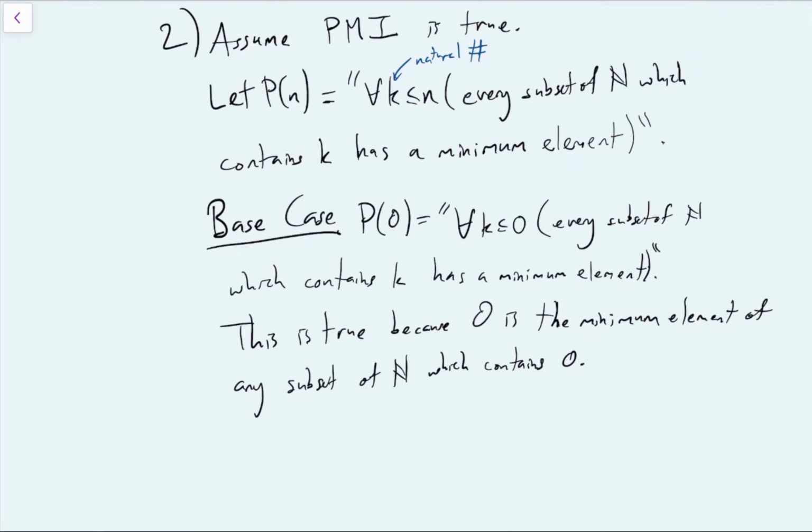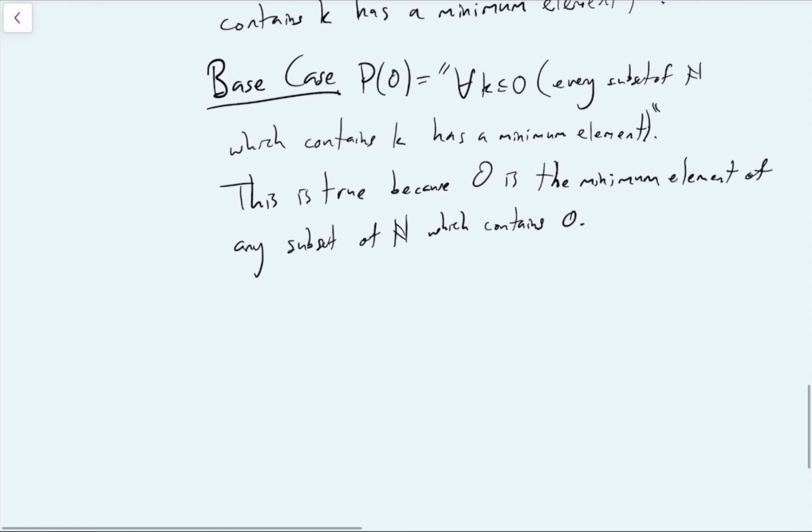Okay, why is that true? That's just because if 0 is an element of a subset of n, 0 has to be the smallest element of that subset because there's no such thing as a natural number which is smaller than 0. The natural numbers start at 0 and get bigger from there. Okay. So that wasn't too bad, base case pretty easy.